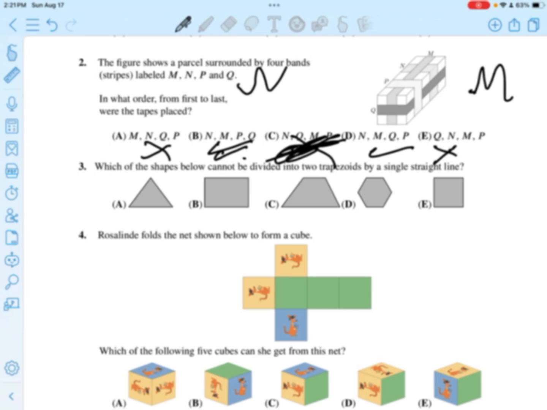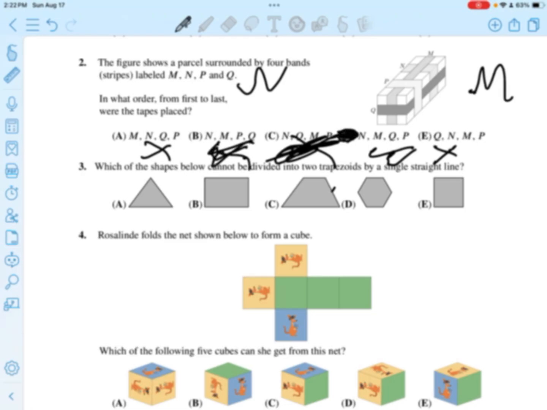And D has it, which means this still could be the answer. So now we only have 2 options. We could guess now, but we know what the answer is, because Q is the third most band-covered letter. So that means the third letter should be a Q, and D has that, which means D is the answer, and B is wrong.